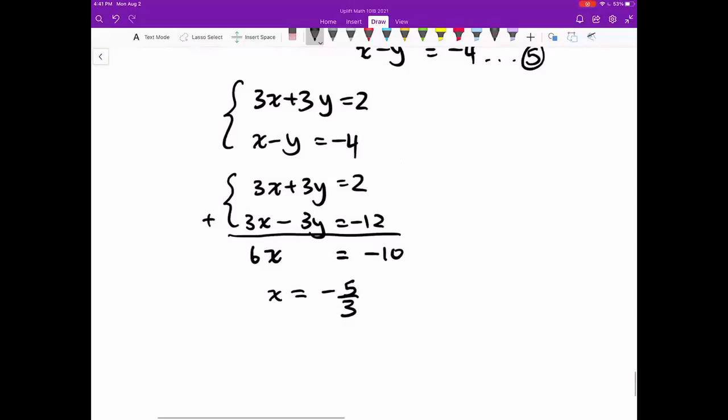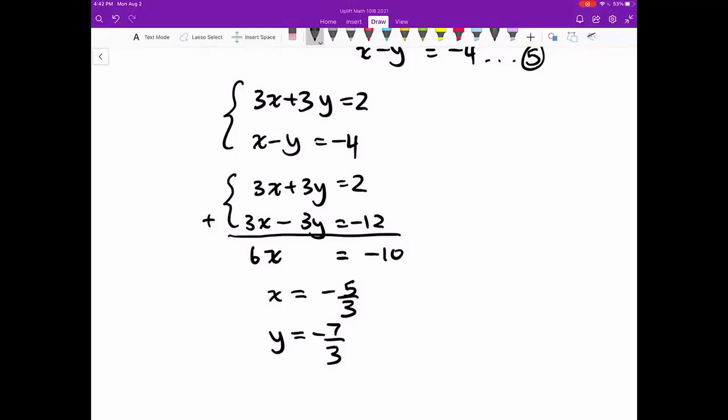Since we have the x now, we can technically just substitute it back into one of the previous 2-variable equations, for example, equation 4 or 5, to get the y value. So it'll be negative 7 over 3, I'm guessing. Wait, that doesn't look good.